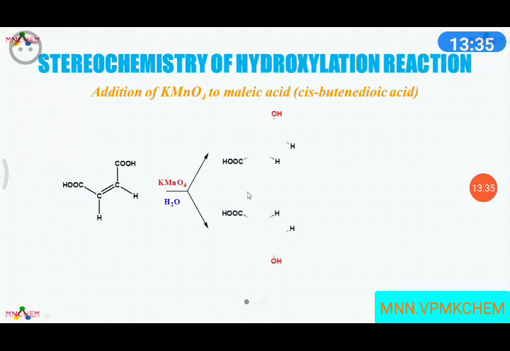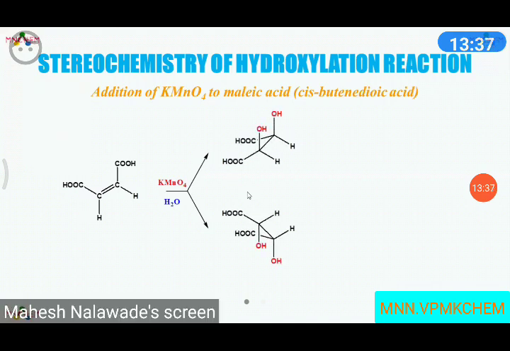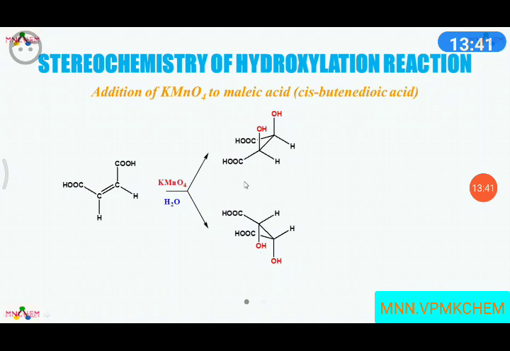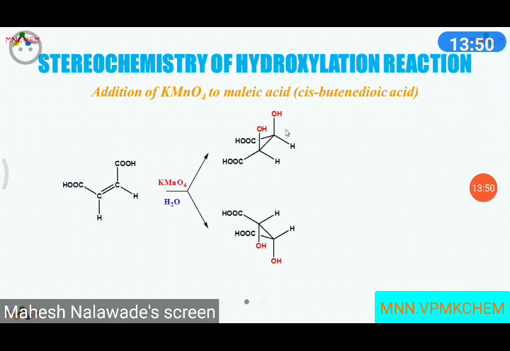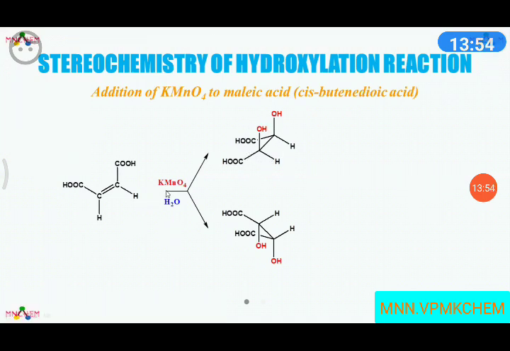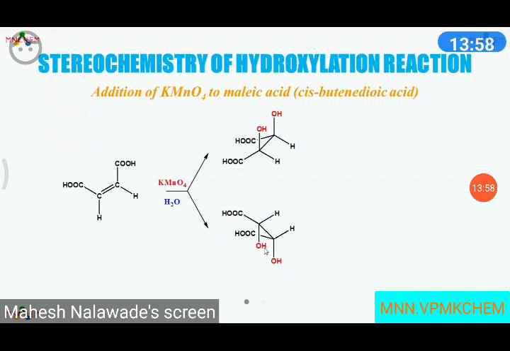It gives the products which are represented in this Sawhorse projection. Both the hydroxyl groups can be added from the top face as shown in this product, or they can be added from the down face as shown here.